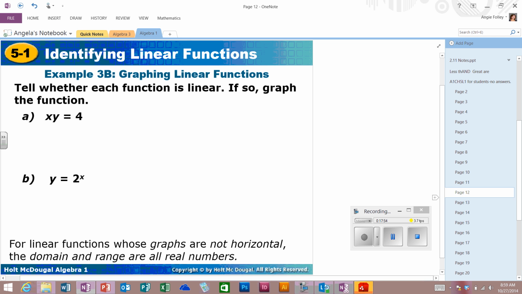Okay, for these last two, we need to tell whether each is a linear function. First of all, can we put it in standard form? If you look, the x and the y are multiplied together, and that was one of our rules that can't be. So no, this is not a linear function because the x and y are multiplied together.